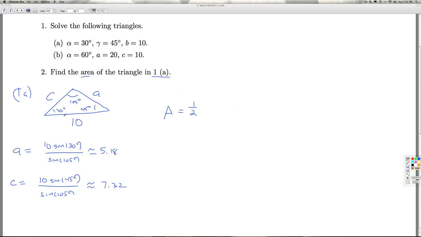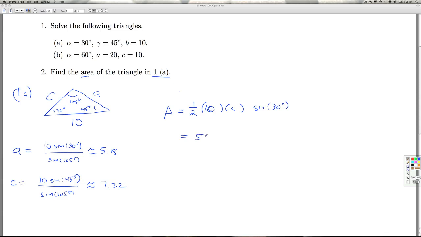So we're spoiled for choice. We've got all three sides here. I'm just going to stick with this angle 30 degrees. So I'm going to have the sine of 30 degrees. I'm going to have the product of the two sides here, which is 5 and c, times that.